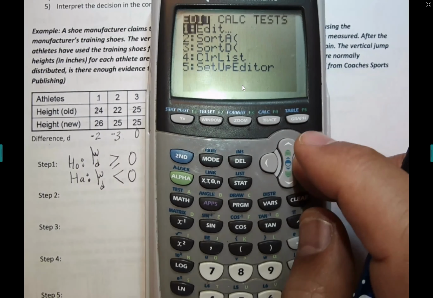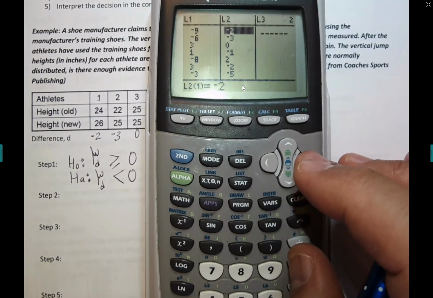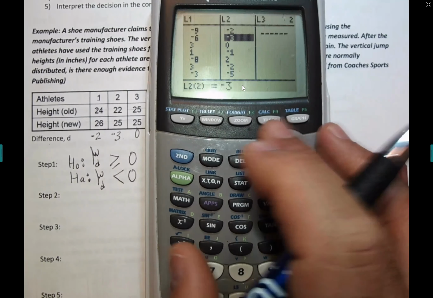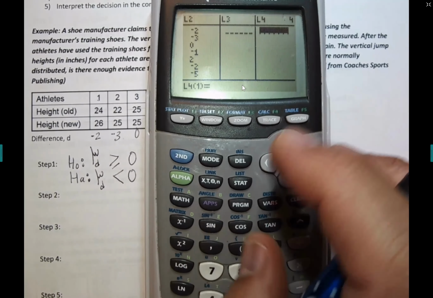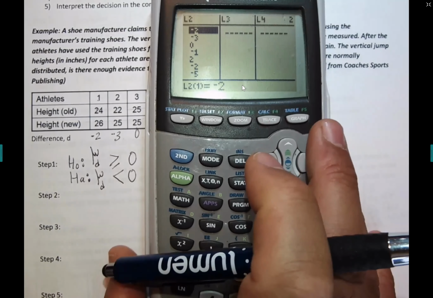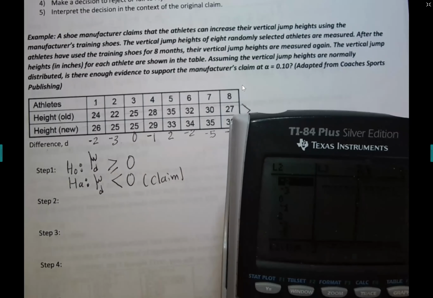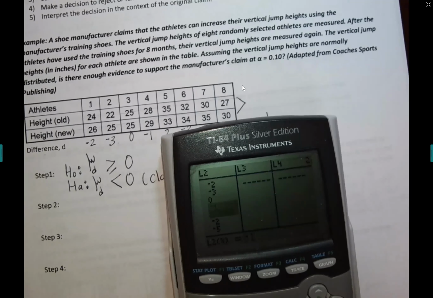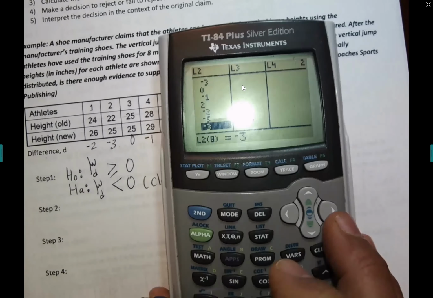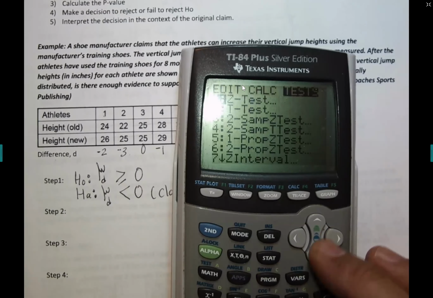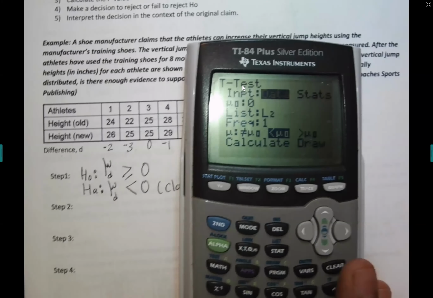Let me double check L2, just to make sure I entered the right information. -2, -3, 0, -1, 2, -2, -5, and -3. Yeah. Okay. So again, guys, let me repeat the test. Stat, tests, scroll down to t-test.